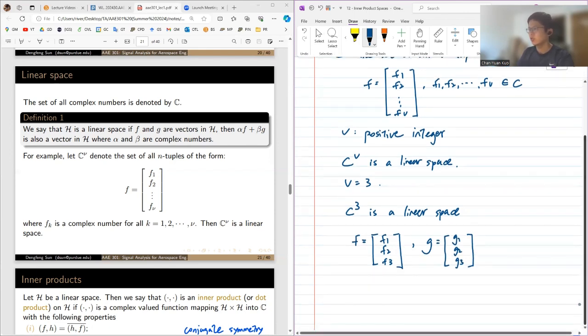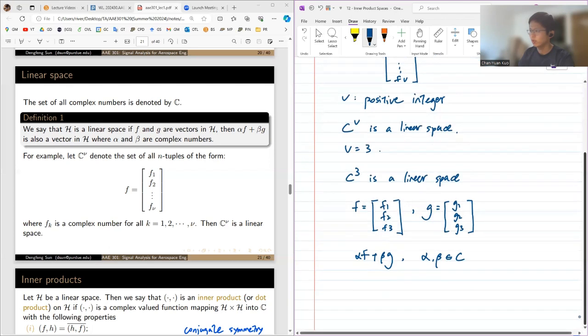And now to show that C^3 is a linear space, we will have to look at the linear combination of F and G. So here we look at alpha F plus beta G, and alpha and beta here are complex numbers as well.